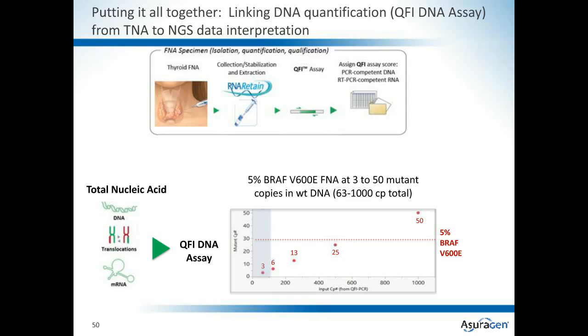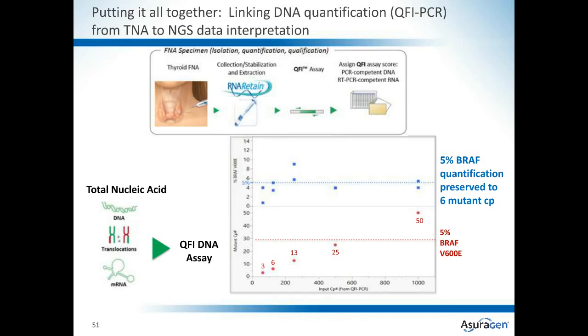What's varying is the total copy number of DNA across a series. The background of 5% variant is held constant. So at 1,000 total copies at 5% variant, we have 50 mutant copies of BRAF, and so on down to 63 total copies and only 3 copies of BRAF mutant. We know this because we've been able to analyze it quantitatively using the QFI DNA assay.